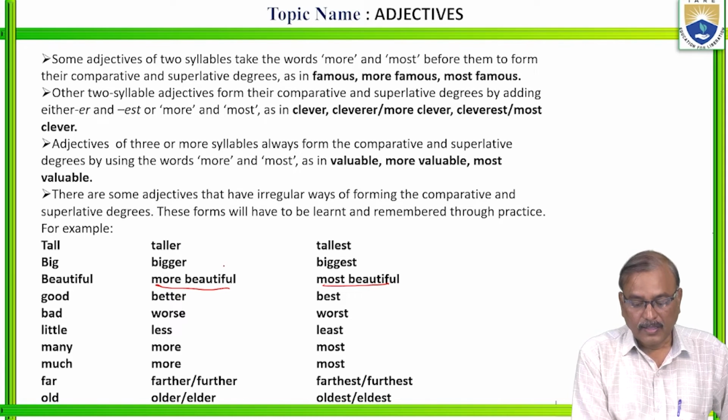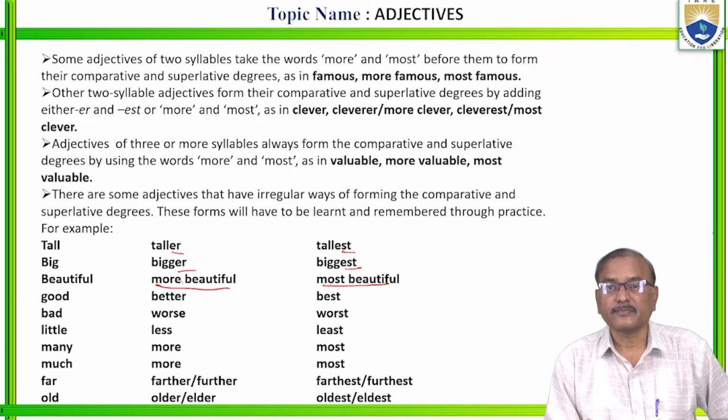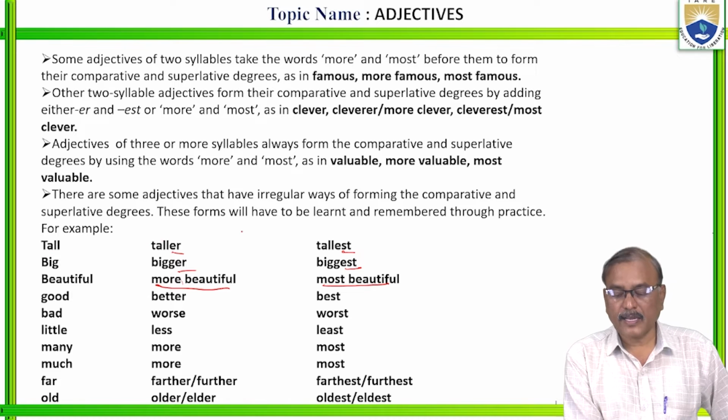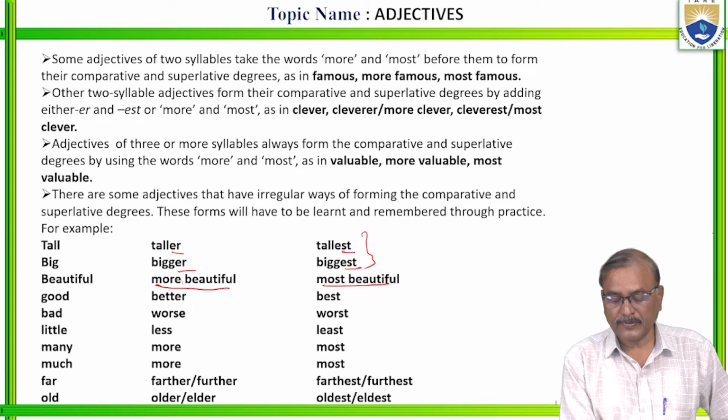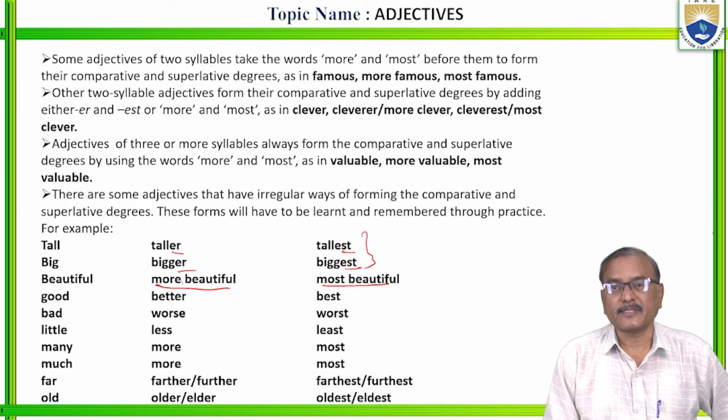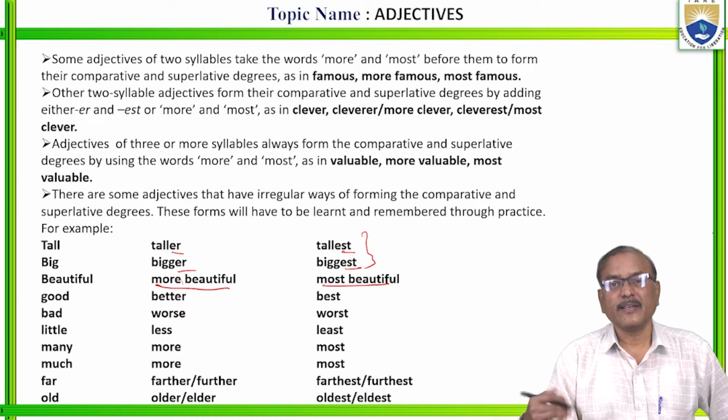So, wherever ER, EST is not possible, we add more and most. Here you see tall, taller, tallest, big, bigger, biggest. This is one type of adjectives. Just by adding ER, EST, we can change them into comparative and superlative.